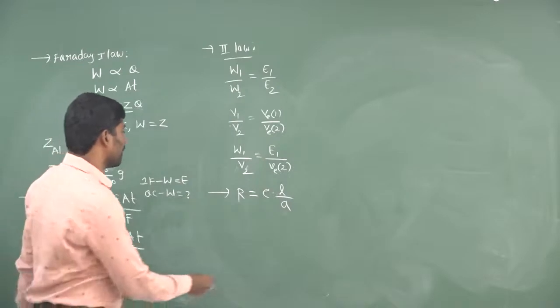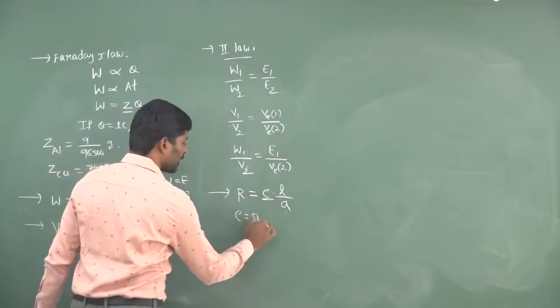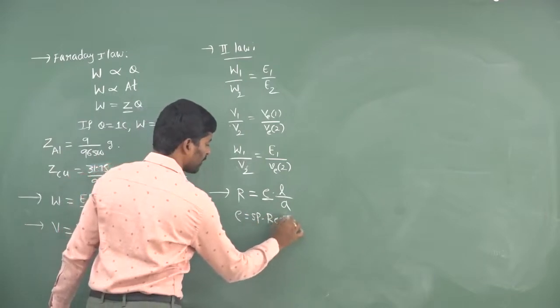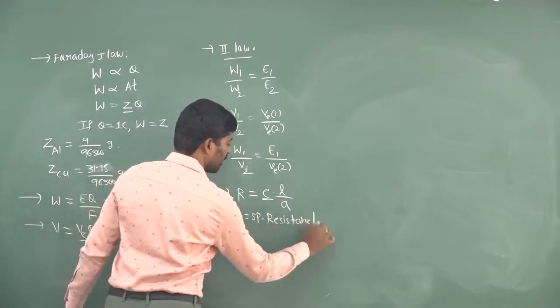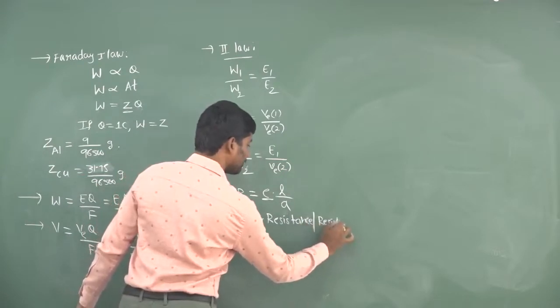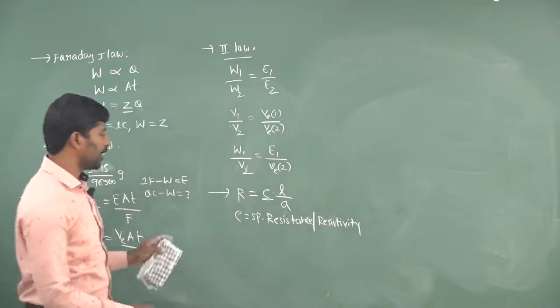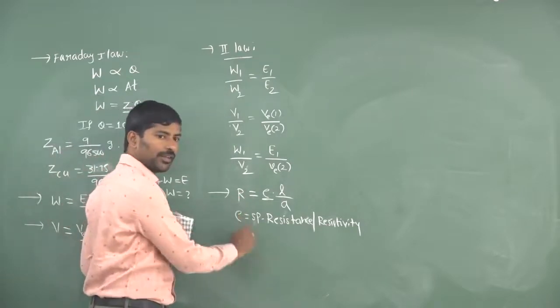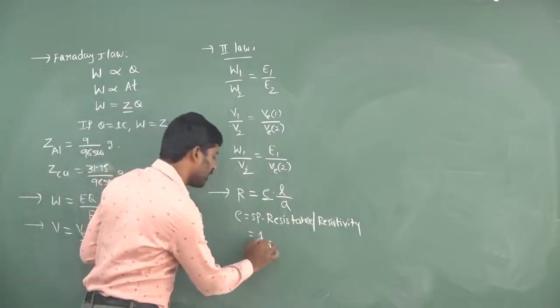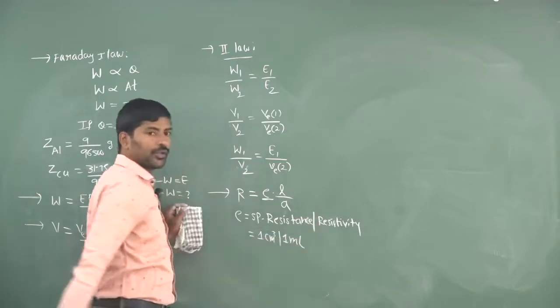Rho is called what? Rho is called specific resistance or resistivity. It is the resistance shown by a 1 centimeter cube conductor or 1 ml of electrolyte solution.